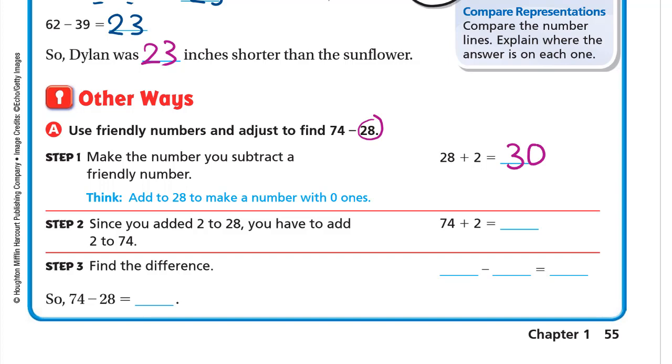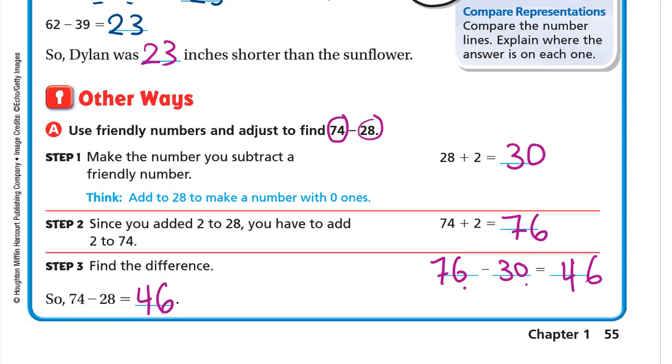So 28, I gave it 2, so I have to give the 74 also 2. So what is 74 plus 2? It's 76. So our new numbers are 76 minus 30. It's now easy to subtract because 6 minus 0 is 6 and 7 minus 3 is 4. So the difference is 46, and that is easier than doing 74 minus 28.